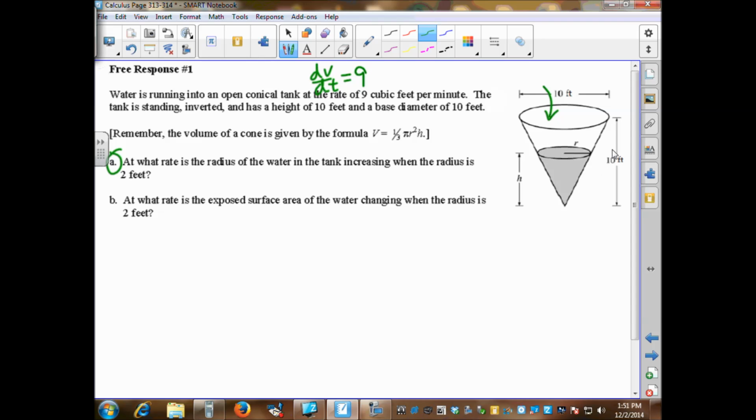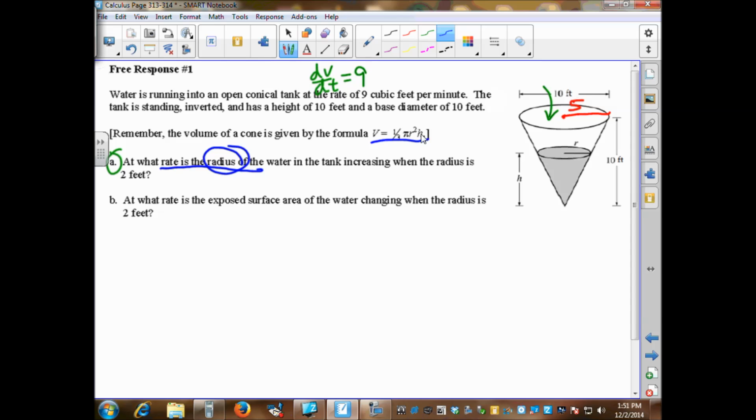It has a height of 10 and a base diameter of 10, which means, of course, the radius of the original tank has to be 5. They want to know at what rate the radius is increasing. That means I need to use this formula, and I need to get rid of the height.